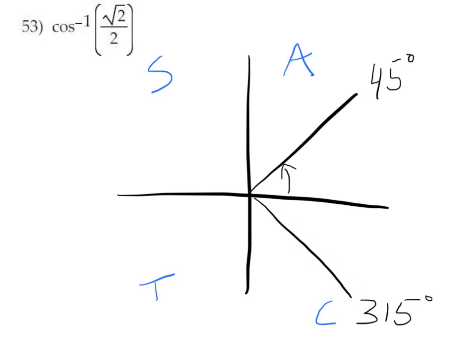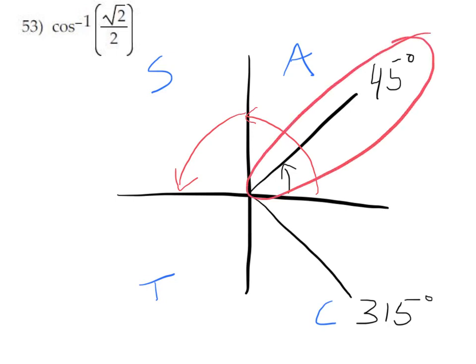So cosine will equal square root 2 over 2 when you have a 45-degree reference angle. Now, where does arc cosine give you answers? Arc cosine lives either there or there. So we have one value that lives where arc cosine lives, and so our final answer is 45 degrees.